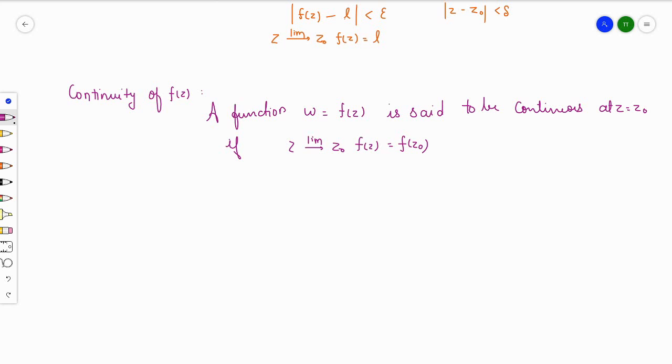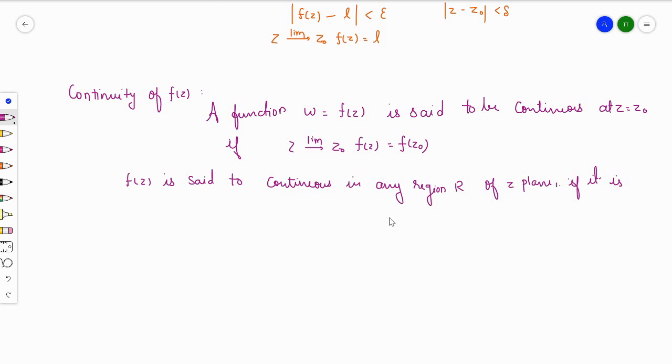So we can add one more thing to this: f of z is said to be continuous in any region R of the z plane if it is continuous at every point in that region.